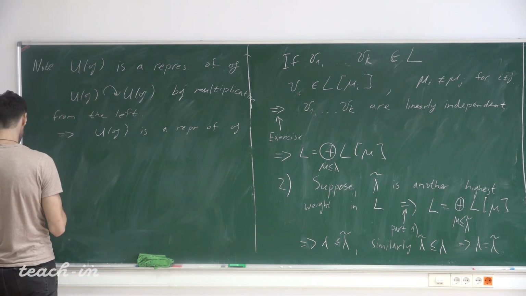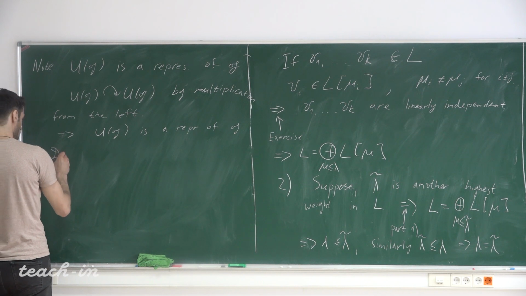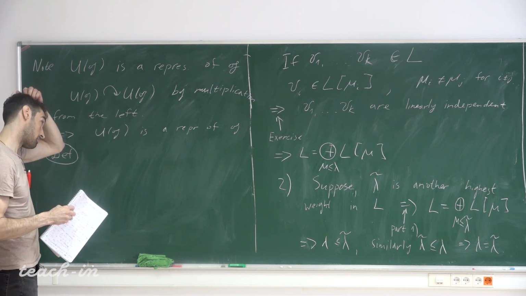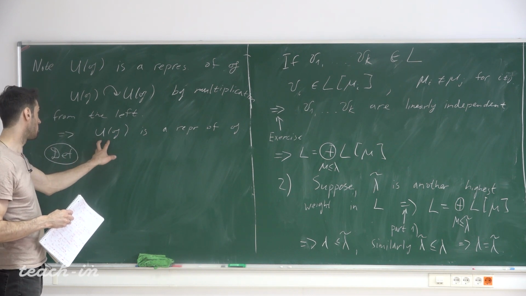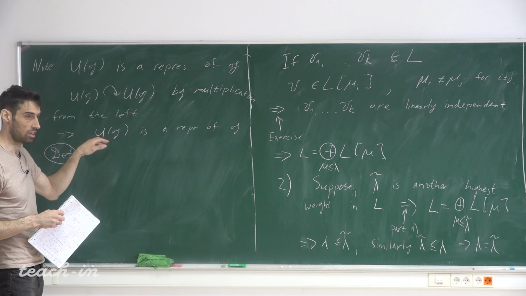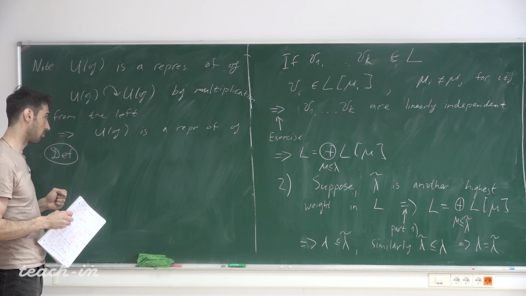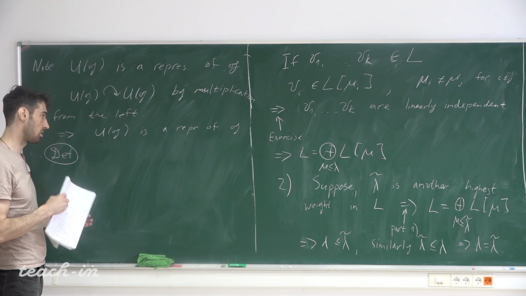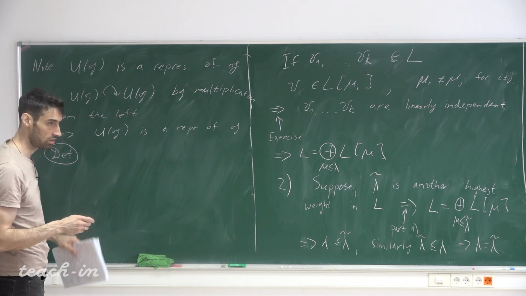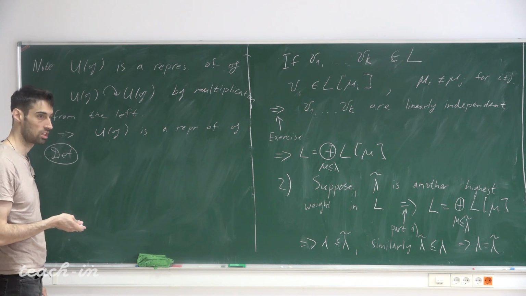Okay, but then we can consider any ideal, like an associative algebra ideal, in here. Moreover, any left ideal is a subrepresentation. So we can quotient by this subrepresentation.